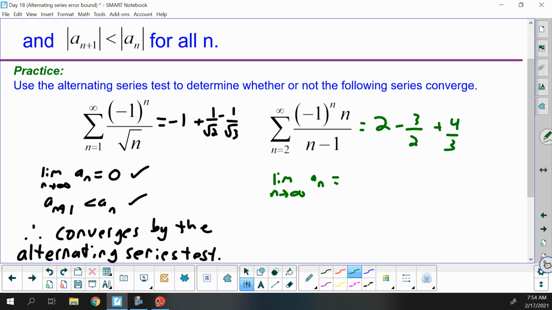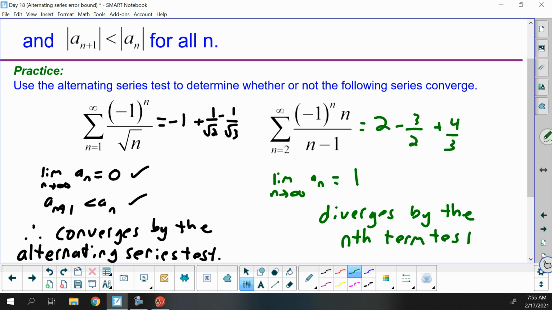Well, when you ignore the negative, notice we have same degree, so it'd be the ratio of leading coefficients, which is 1. So therefore, this diverges by the nth term test. Because if something's going to converge, the individual terms have to approach 0.